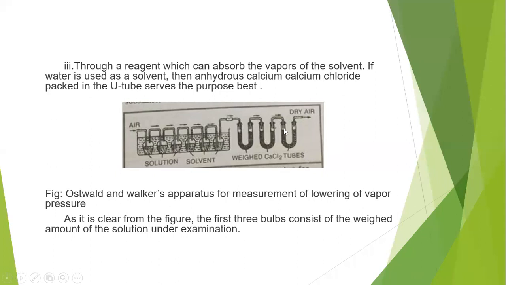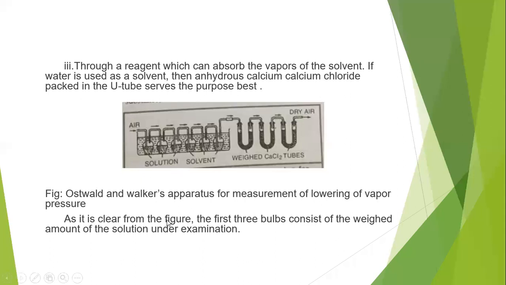That calcium chloride is ready to absorb the solvent which is removed from the solution when we pass dry air, and it is absorbed by the calcium chloride present in the U-tubes. Generally, if we take the solvent as water, then it is absorbed by calcium chloride very easily. So if we use water as the solvent, then we take calcium chloride in the U-tubes.